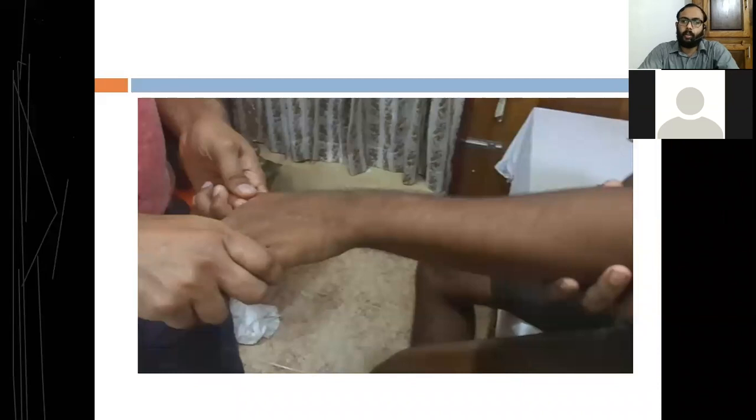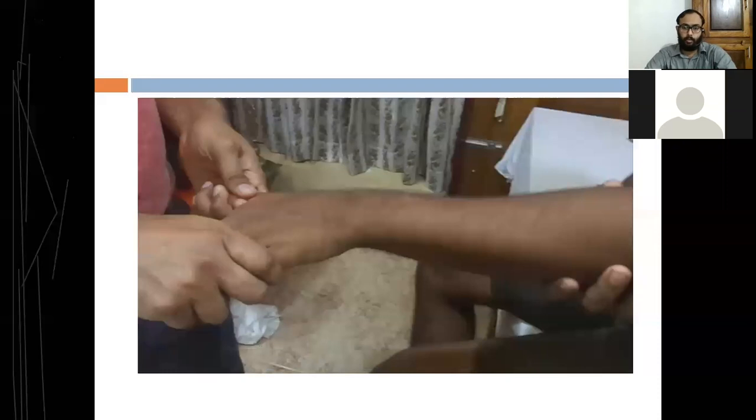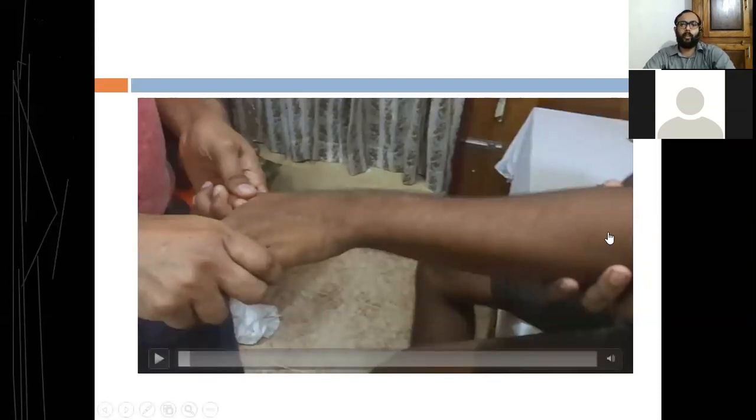So make sure the counter traction is given on the cubital fossa, the thumb is directed forward to the person who is giving traction, the other 4 fingers are at 90 degrees, and the person gives traction distal to the metacarpophalangeal joint. And this is the position of traction and counter traction.